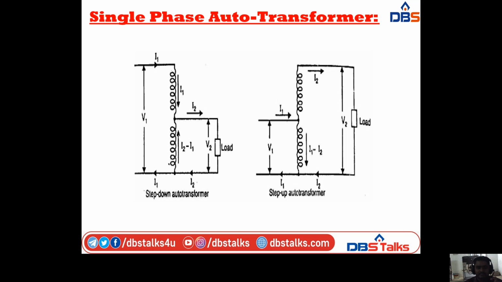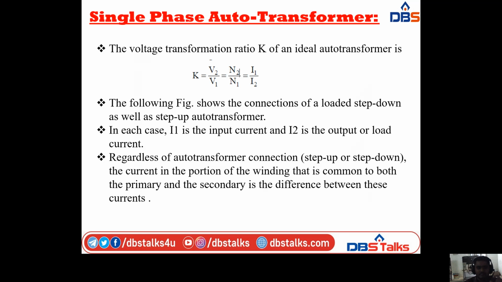In each case in the diagram, the step up and step down auto transformers are loaded. In each case, I1 is the input current and I2 is the output or load current.